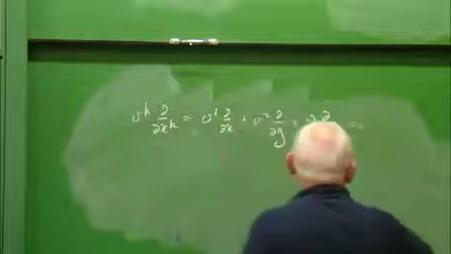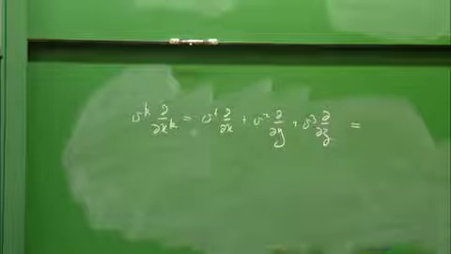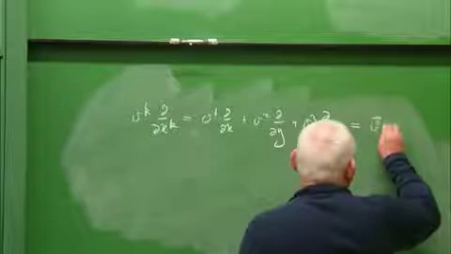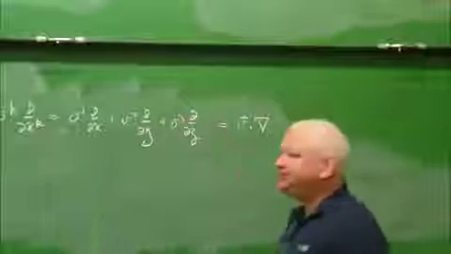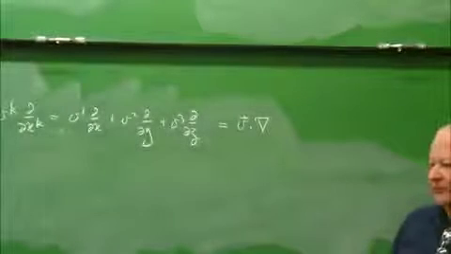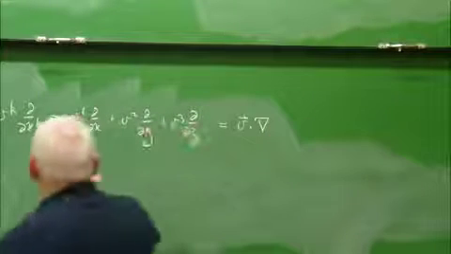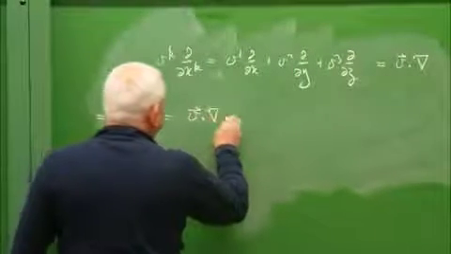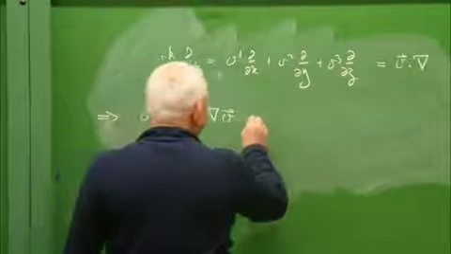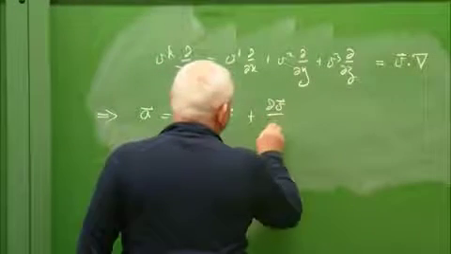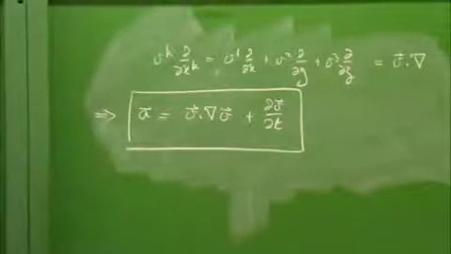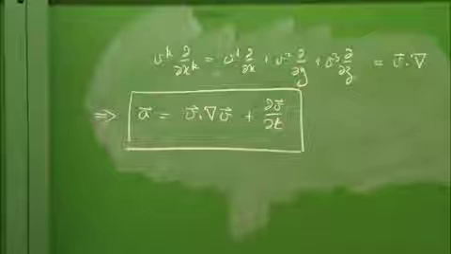And you'll notice that this, in your standard undergraduate vector notation, is what you would have written as v dot nabla. Right? And so we can express this formula for the acceleration as v dot nabla operating on v plus dv dt. So this is a formula for the acceleration.